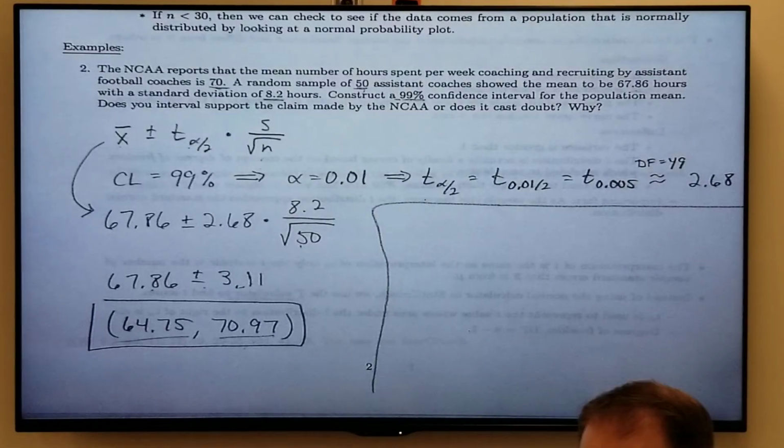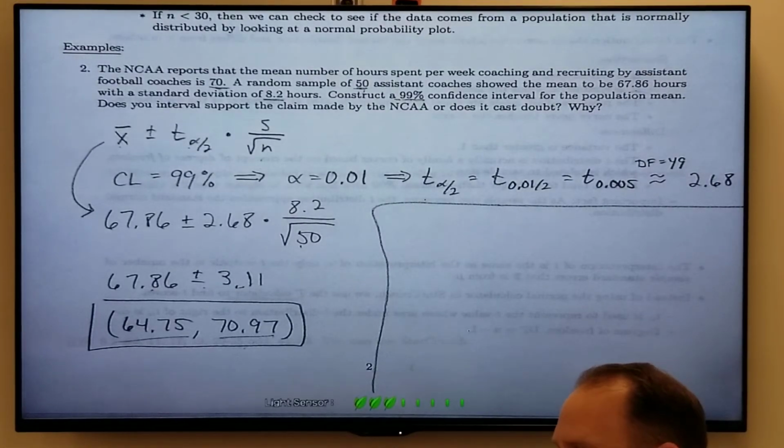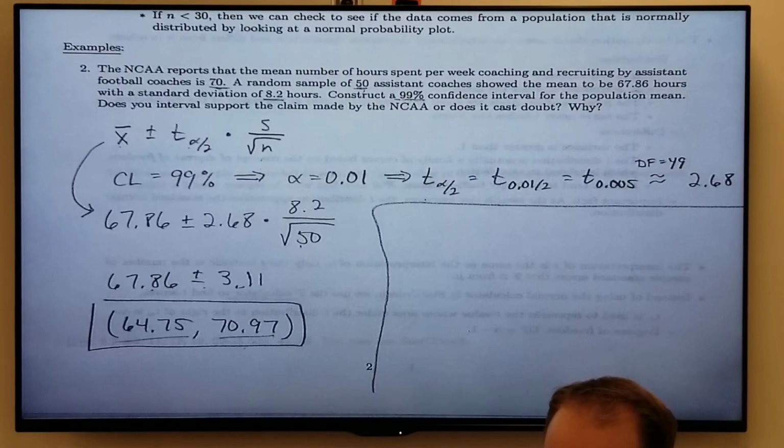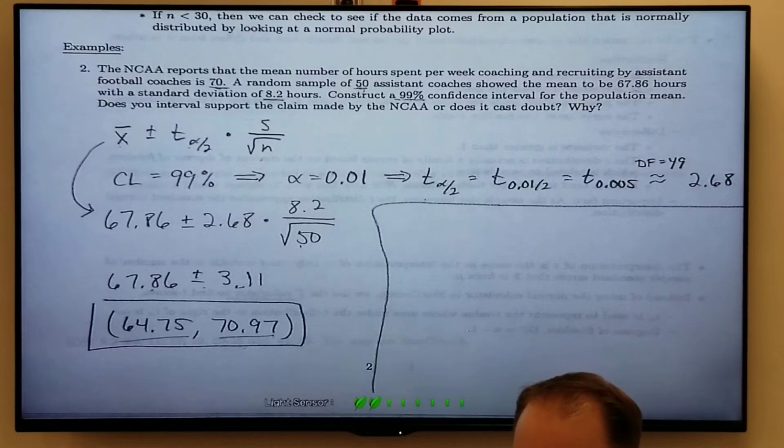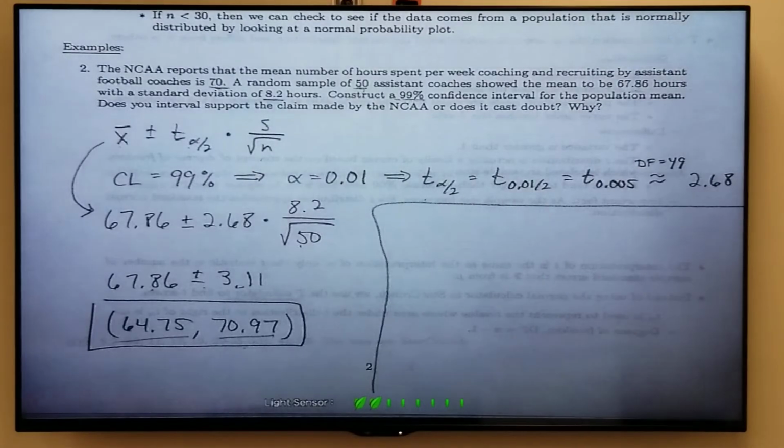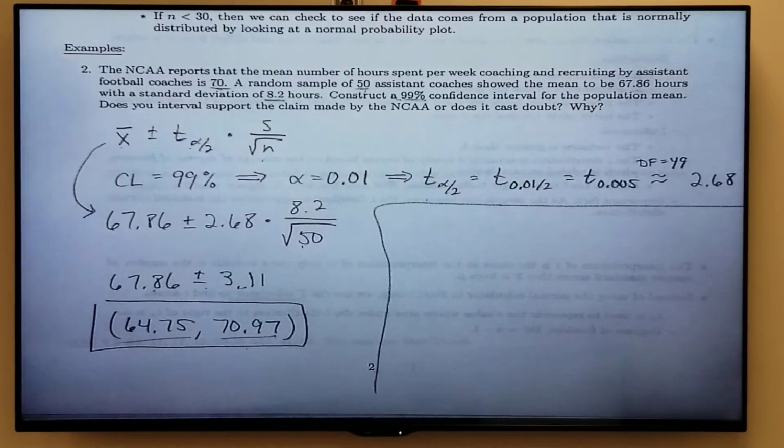So 70 is within a sort of reasonable doubt, right? So we would say, no, this does not cast doubt on the claim that the NCAA makes, right? Our interval supports the claim.